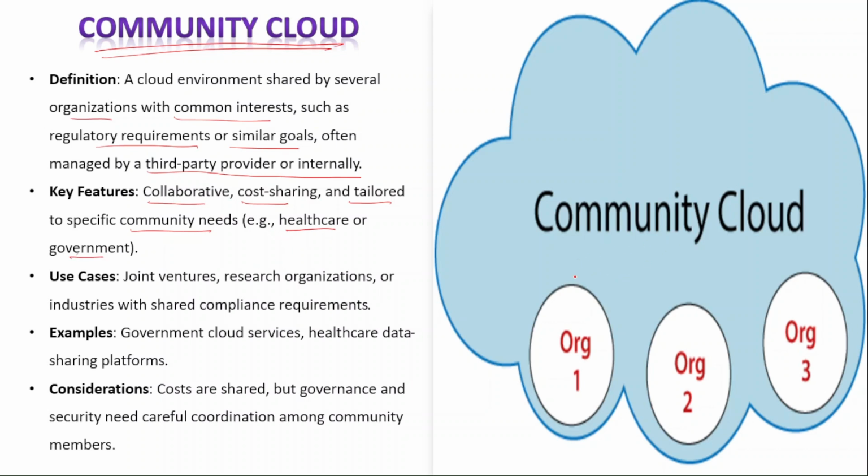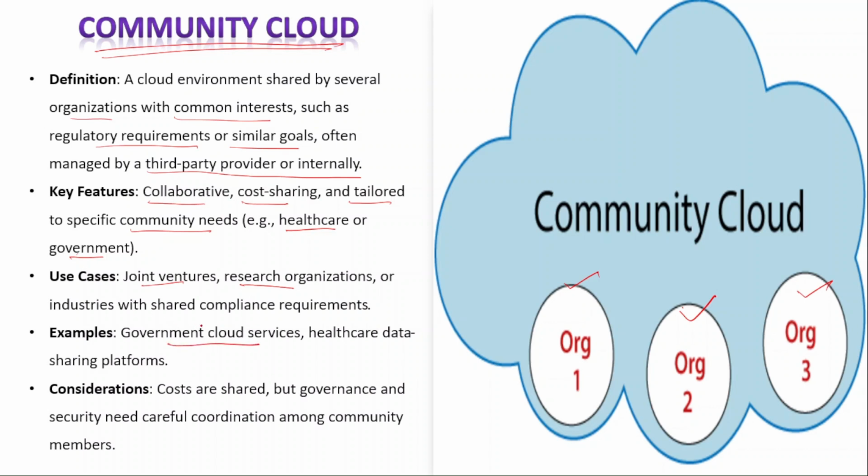So this is a cloud that is used by multiple organizations that have similar interests or similar requirements. Use cases include joint ventures, research organizations, or industries with shared compliance requirements. And the examples include government cloud services.